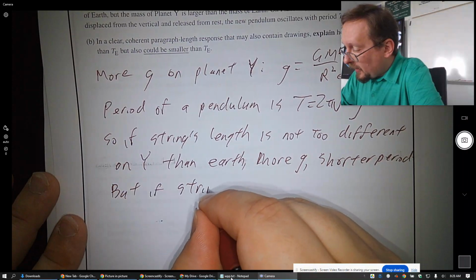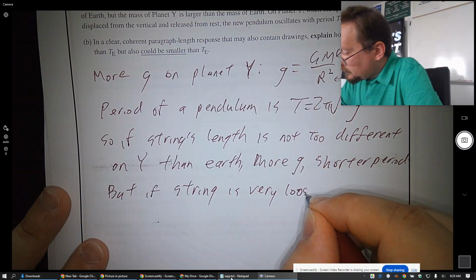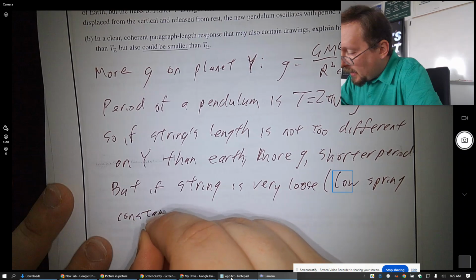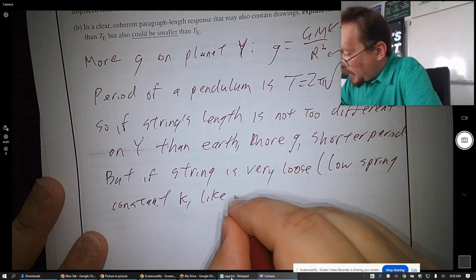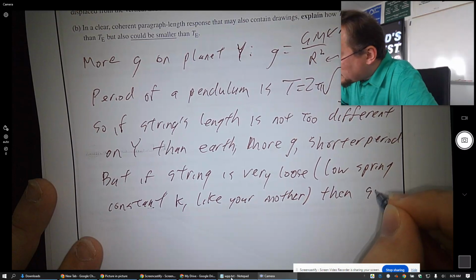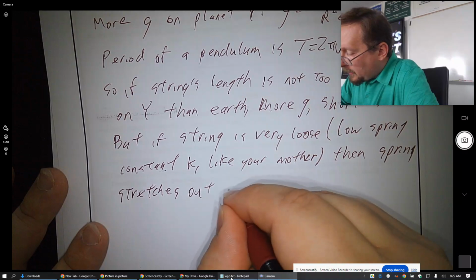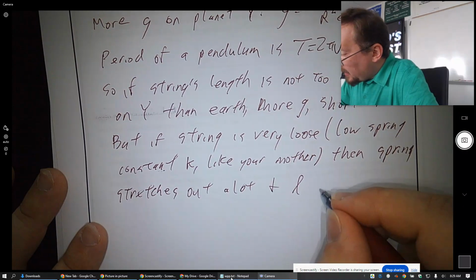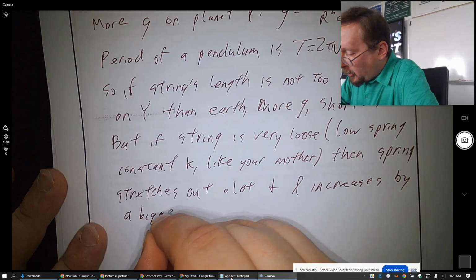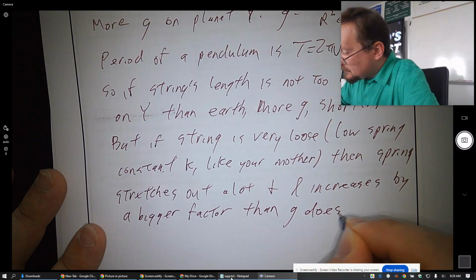But if the string is very loose, right? That's like it has a low spring constant k, like your mother, all right, then the spring stretches out a lot and L increases by a bigger factor than g does.